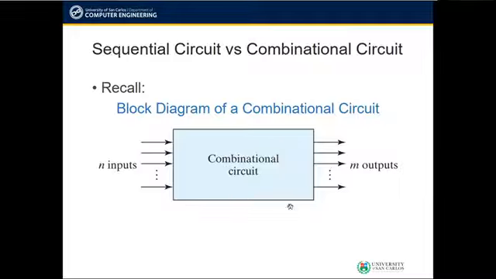This means that the outputs of the entire combinational circuit, as well as the outputs of the internal gates, can be obtained at any instance of time for as long as we know the input combinations at that same instance.